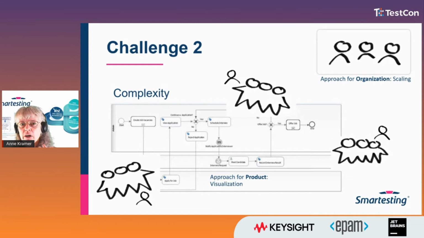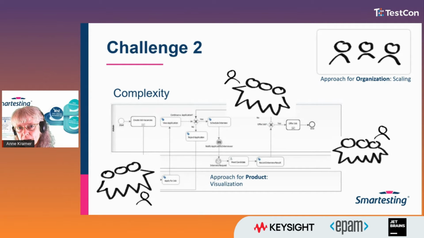Each team concentrates on the features that they are part of, and the view of the overall system is not necessarily very clear to everybody. In addition, the overall system can also be very complex.